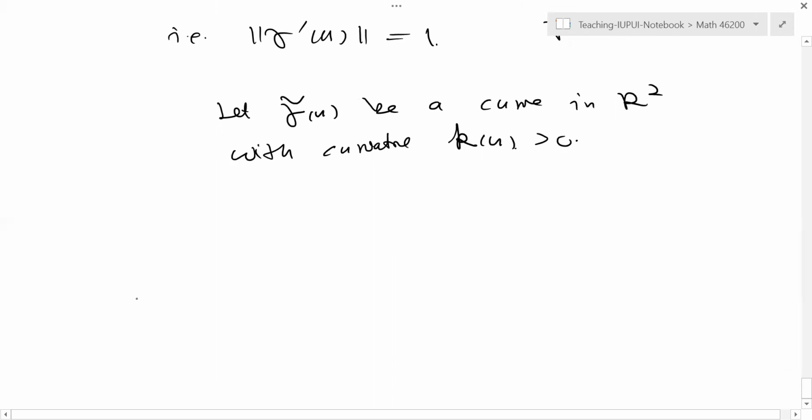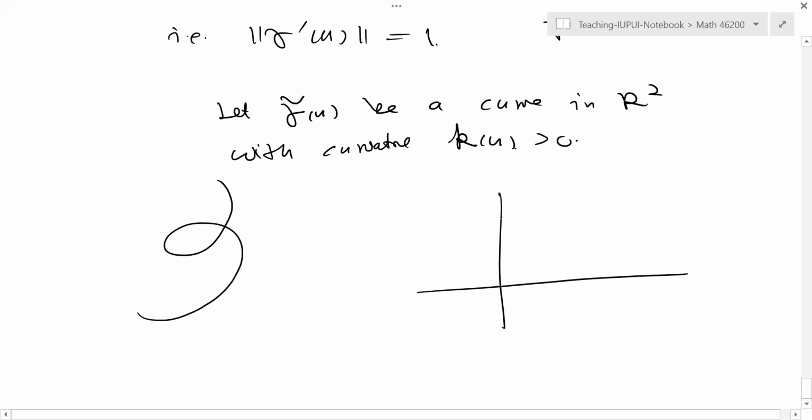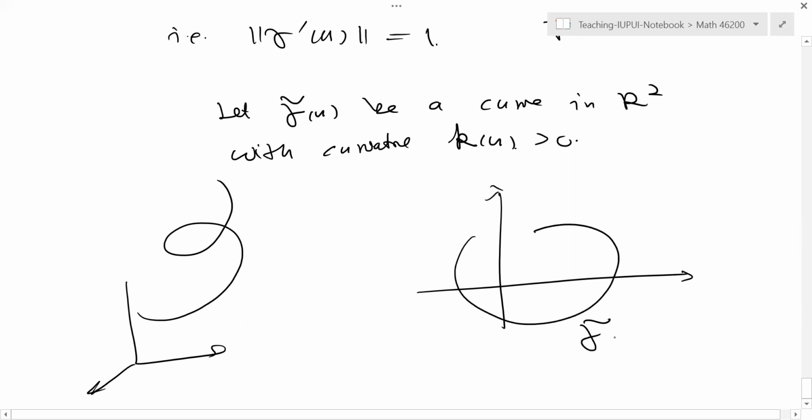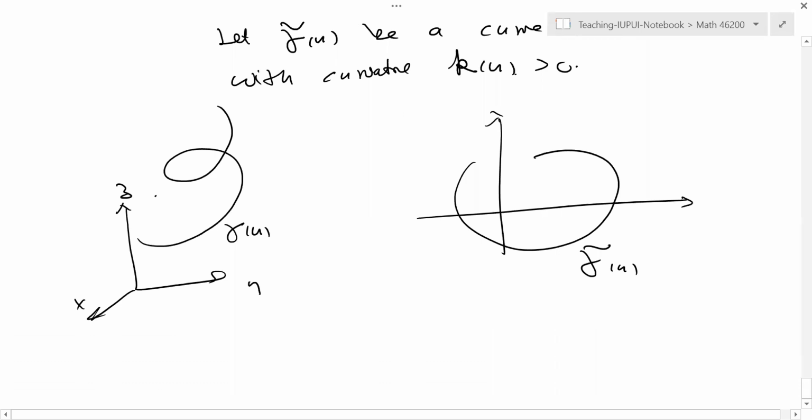So here, I use a plane. Here in three-dimensional space, this is a curve, gamma, in x, y, z. Okay. So both have the same curvature function. That can be done.